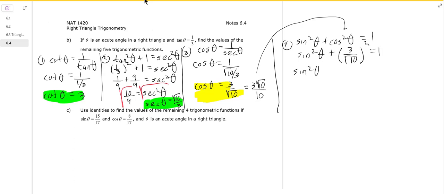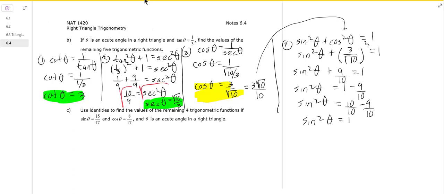That would give sine squared theta plus 9/10 is equal to 1. This would give sine squared theta equals 1 minus 9/10. So that would give sine squared theta equals 10/10 minus 9/10. And that would end up giving us sine squared theta equals 1 over 10.